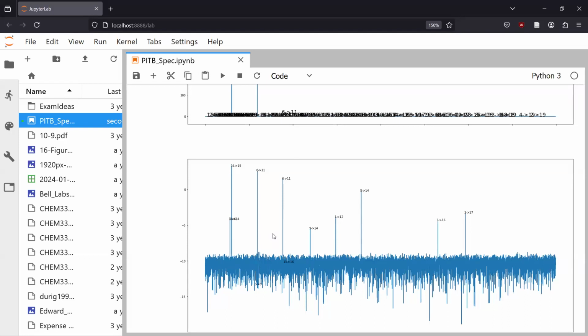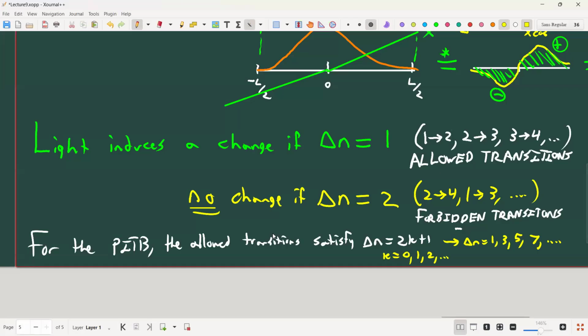We're probing the molecule's energies. The spacings of these tell me something about the spacings in the box. It tells me about the box. It tells me about the mass of the particle, right? I'm indirectly from these patterns learning something about the structure of the system itself. That's what spectroscopy is.